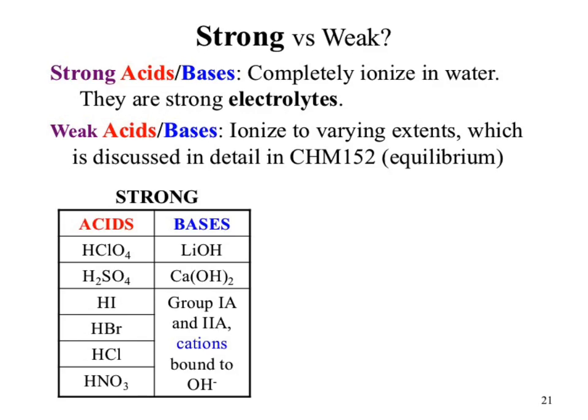Really just our group 1, but also our group 2 sometimes. There's some weird exceptions within the group 2. Those 2 things will always be ionic, which means strong bases. They're completely ionizing. So the strong term just means ionize completely.